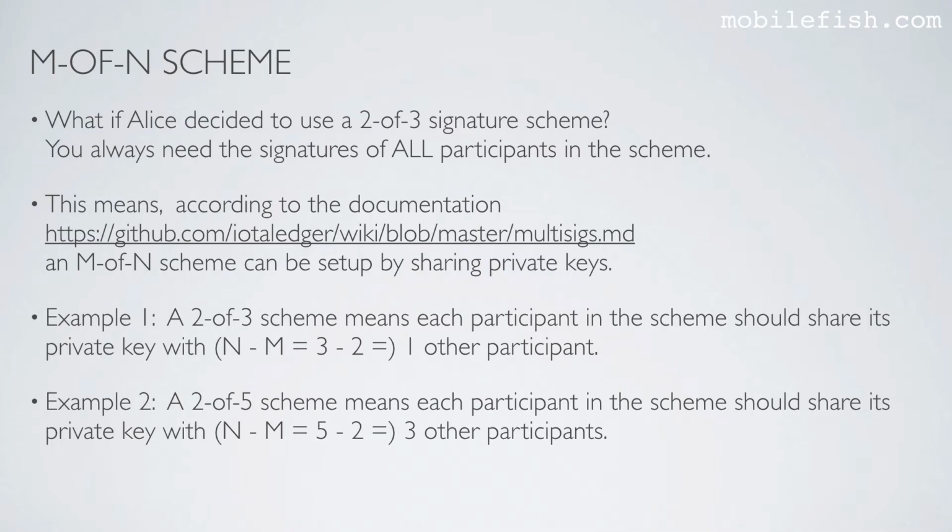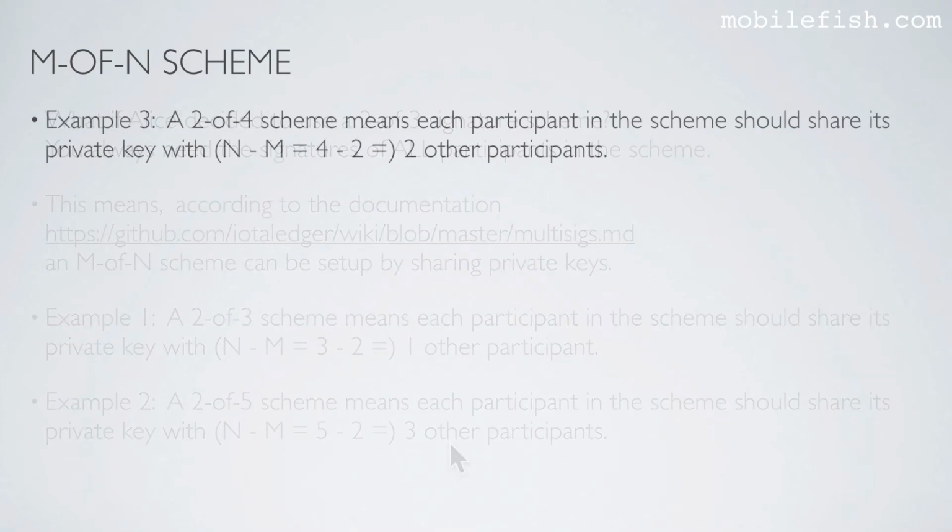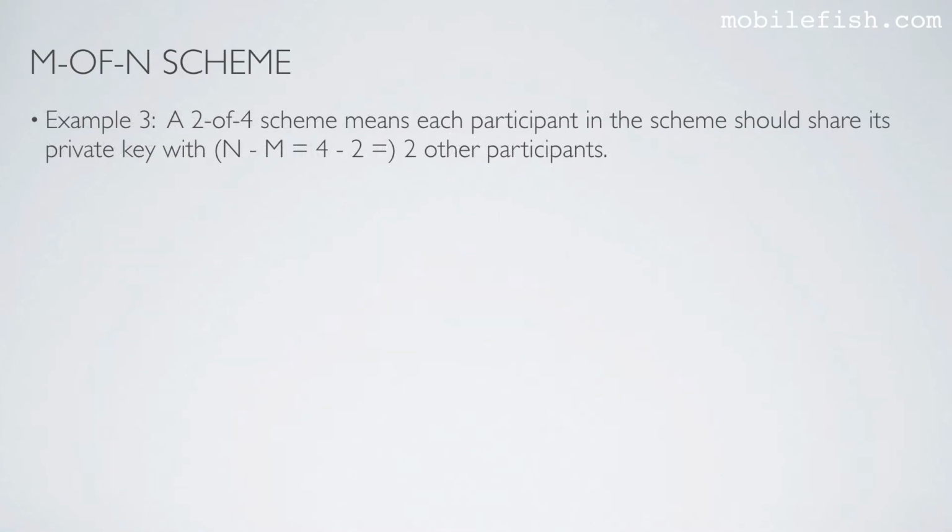Example 2. A 2 of 5 scheme means each participant should share its private key with 5 minus 2 is 3 other participants. Example 3. A 2 of 4 scheme means each participant should share its private key with 4 minus 2 is 2 other participants.